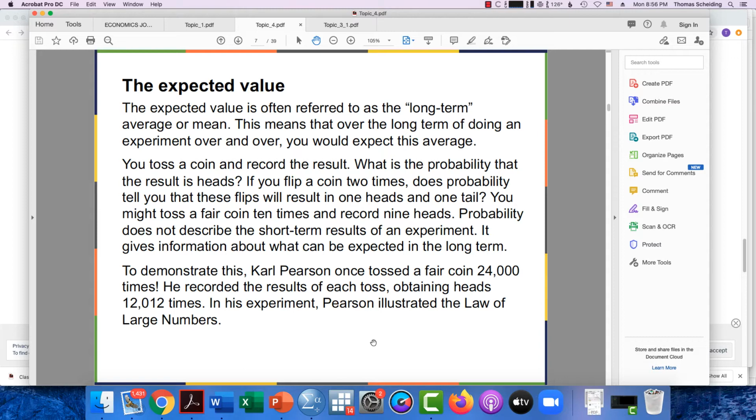So we know, for instance, that if we flip a coin, this Carl dude flipped the coin 24,000 times, and he got heads about 12,012 times, which would mean that on average it's getting heads a little bit more often than it is tails. Which is why, again, we said that a fair coin's not exactly possible, that more often than not it is heads than tails.